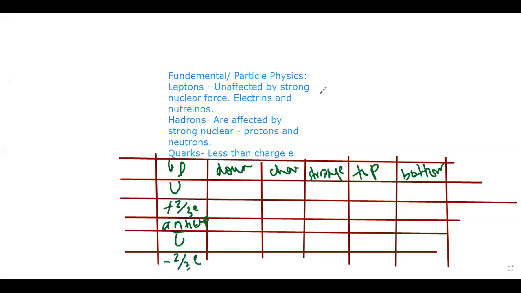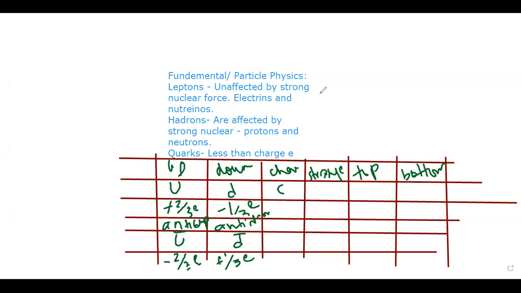Now, let's talk about the next one, down. The symbol for down is D. The charge on D is minus 1 upon 3 E. The anti-quark for this is anti-down. The symbol for anti-down is D dash, and the charge on anti-down is plus 1 upon 3 E. Similarly, we have charm.